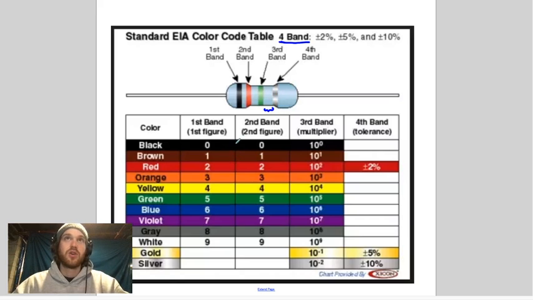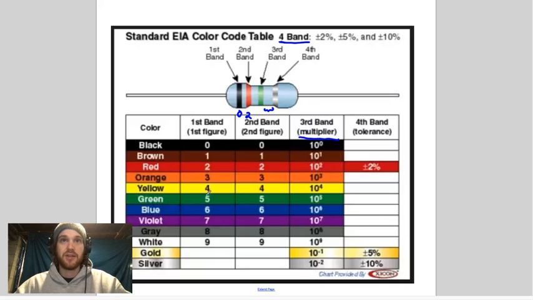So this resistor here is black, red, and green. To calculate the resistance value, we do 0 for black, 2 for red, and the 3rd band is what's called the multiplier. It's what you multiply this number by to get your resistance value.